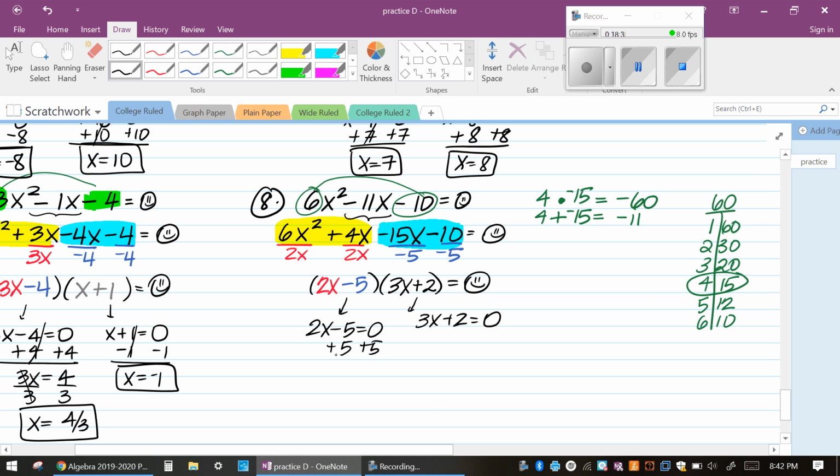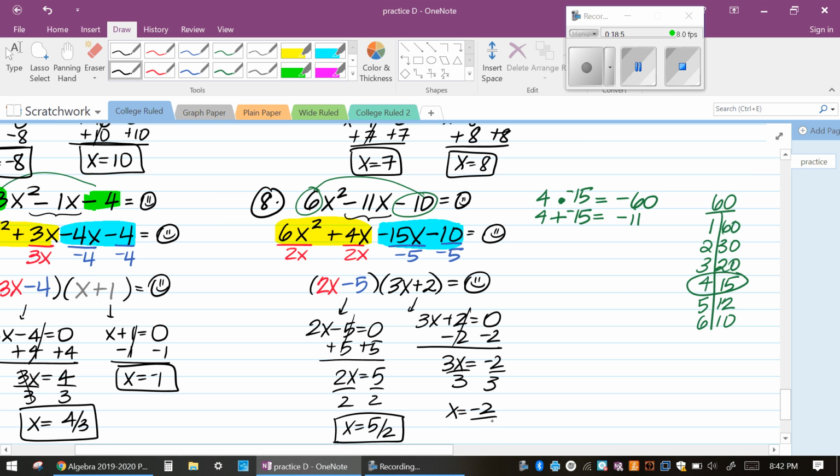Cancel addition and subtraction first, then divide. 5/2 does not reduce. Neither does -2/3. So your solutions are -2/3 and +5/2.